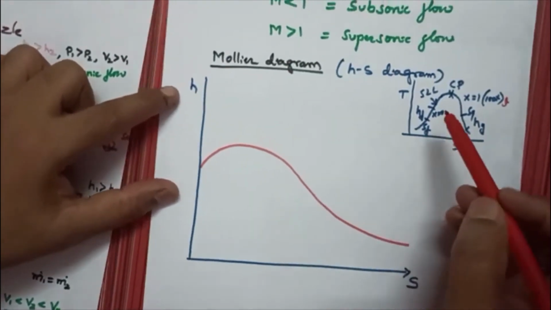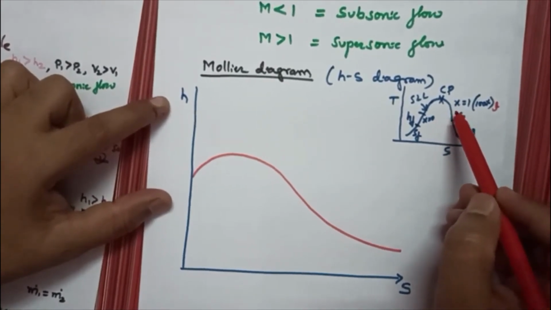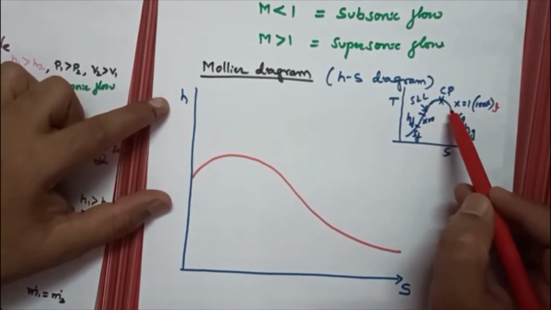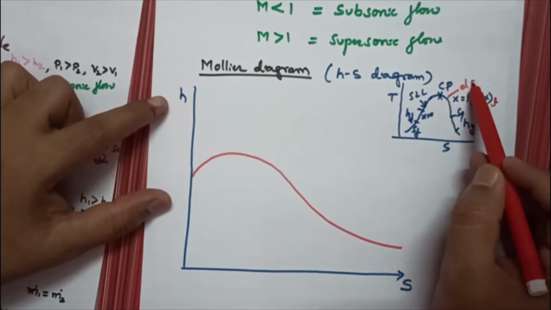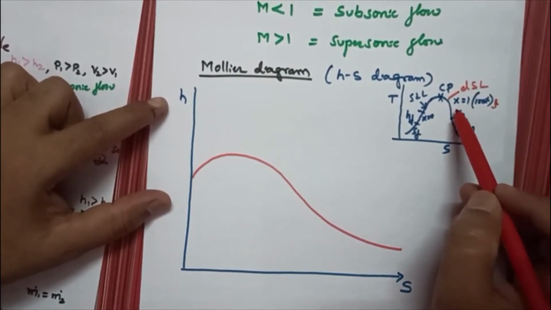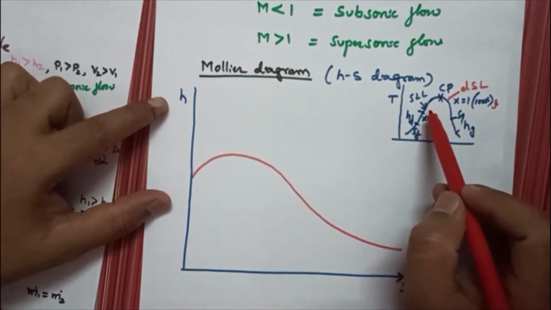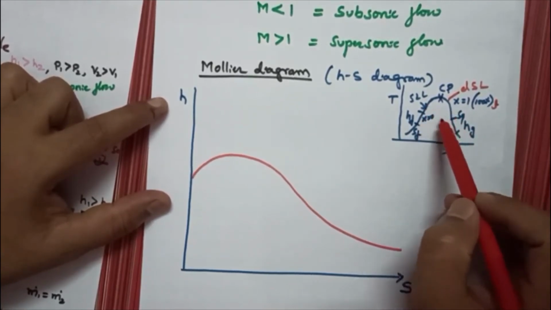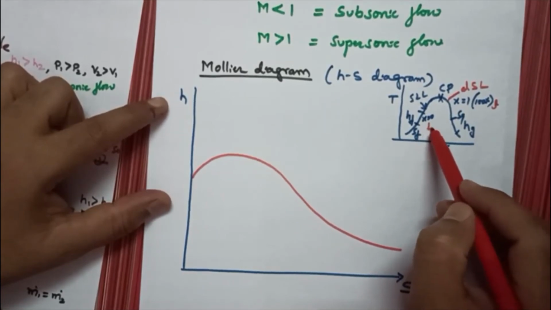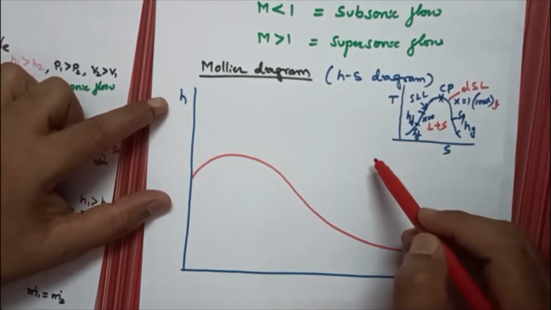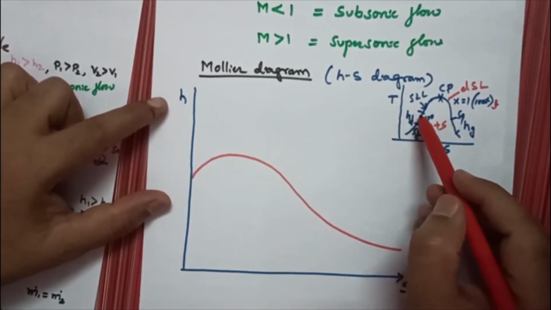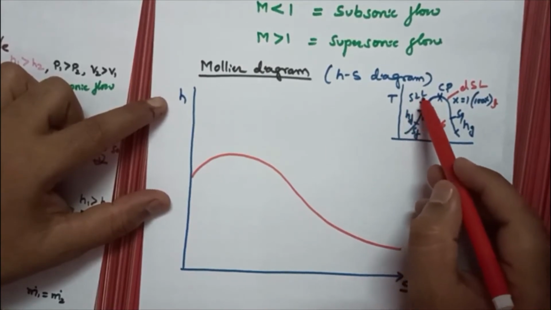But in the TS diagram, the area on the right hand side of the dry saturated line or vapor line is the superheated region, and between these two curves it is a mixture of liquid and steam region. The left side of the curve is the saturated liquid line.